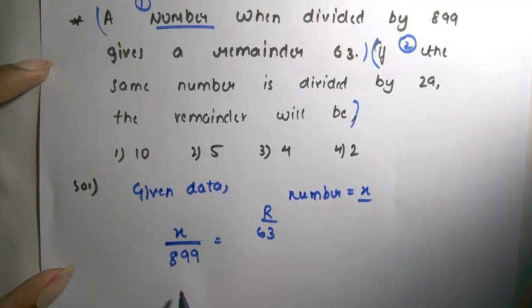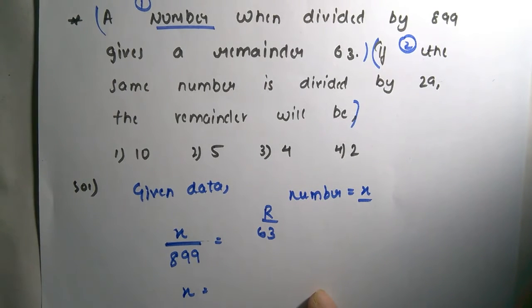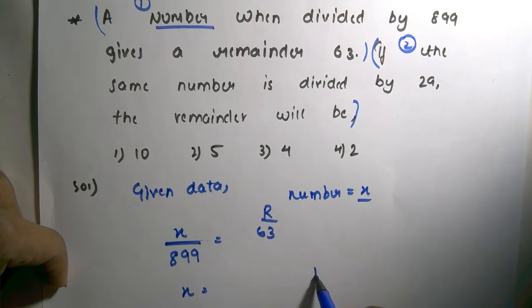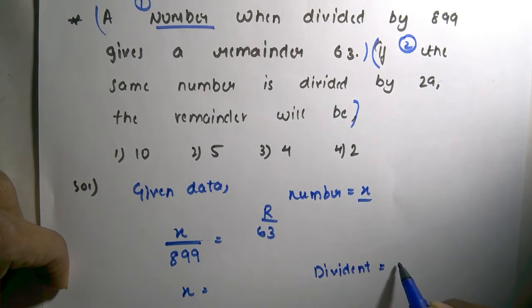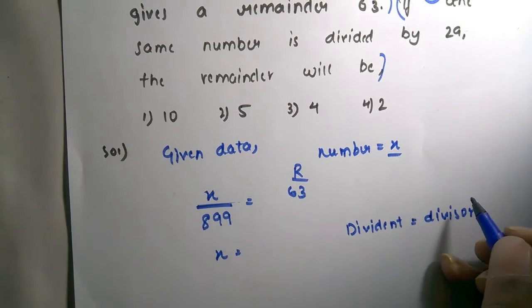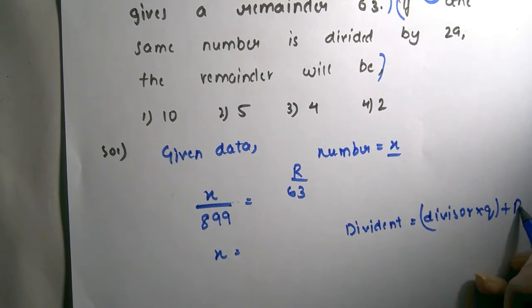There is a small formula for this. Dividend is equal to divisor into quotient plus remainder.